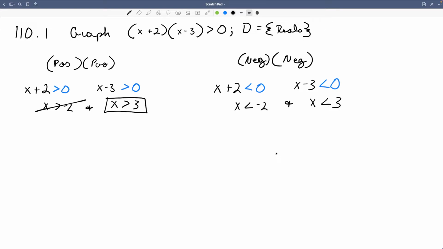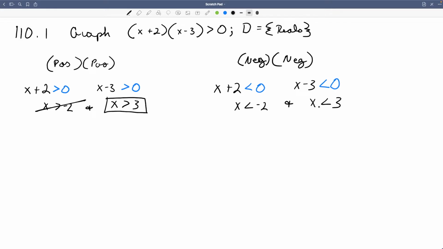One of those has to be true. So if x is less than a negative 2, is it going to be less than 3? Yes, it will. It's true for both statements. But if x is less than 3, let's say it's a positive 1, is positive 1 less than negative 2? No, it's not.